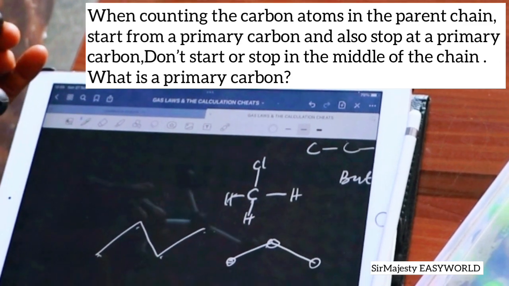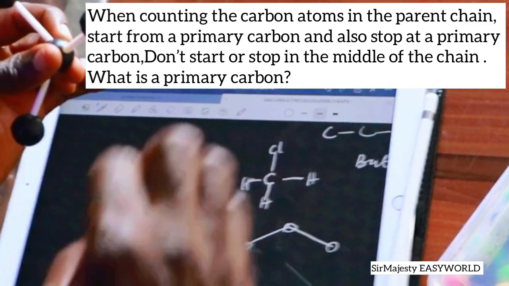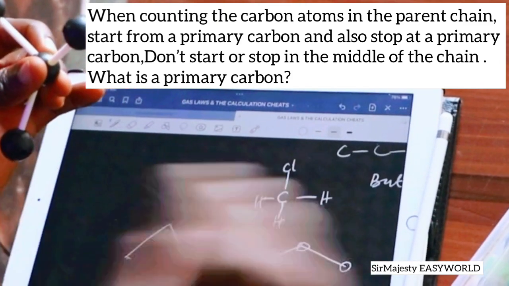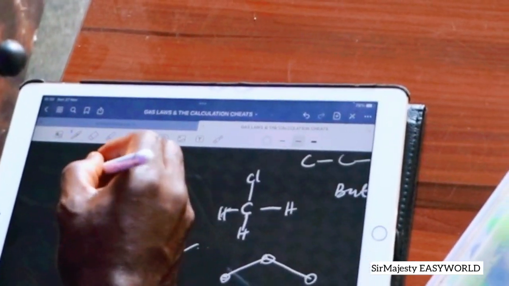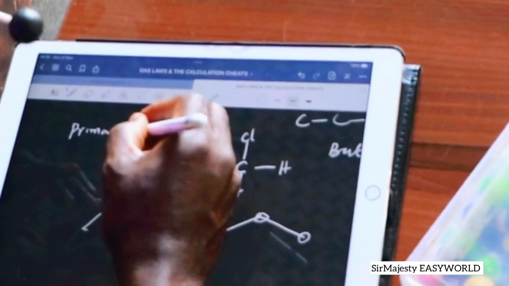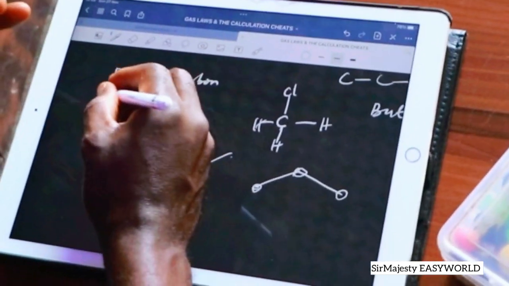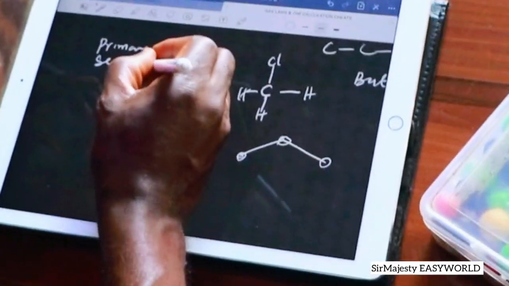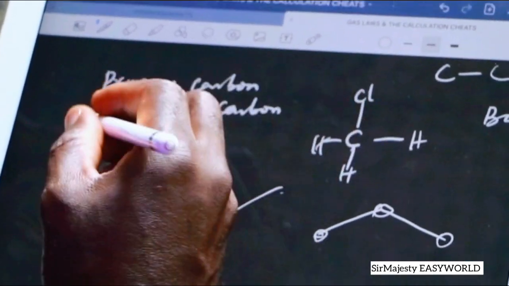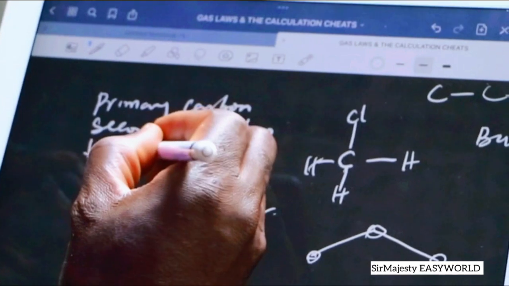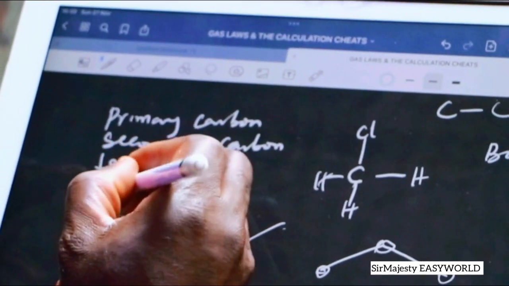Now, where do you start counting? Start from a primary carbon, which means I'll use this opportunity to teach you primary carbon, secondary carbon, we have the tertiary, and then we have the quaternary carbon.